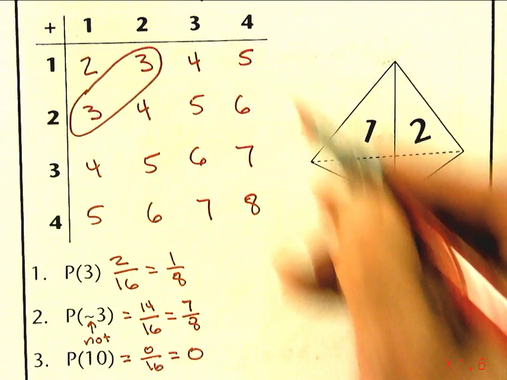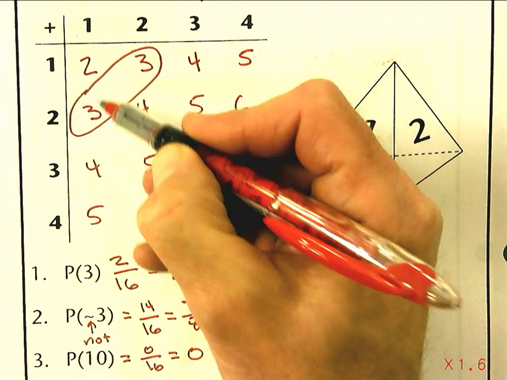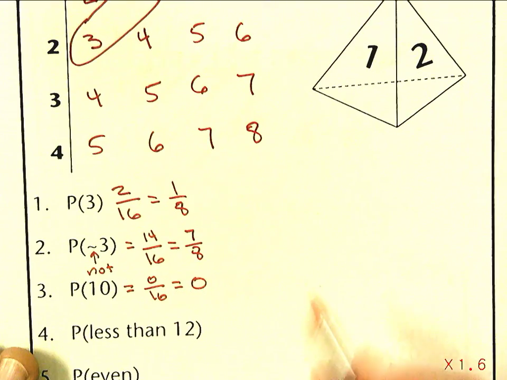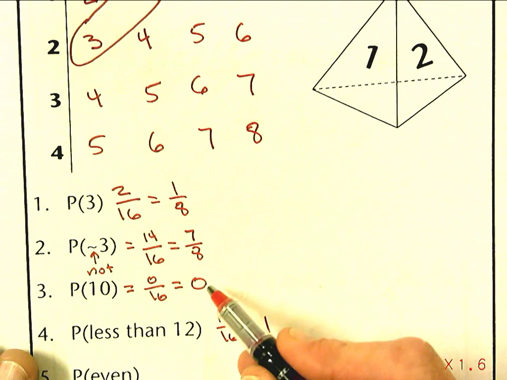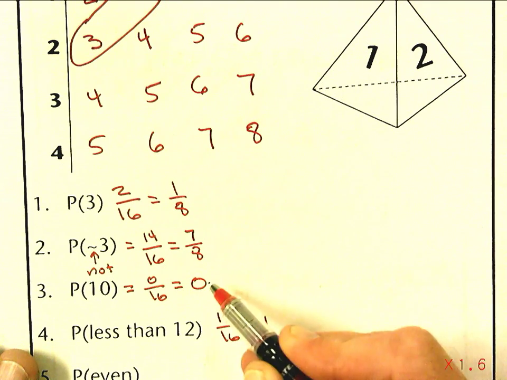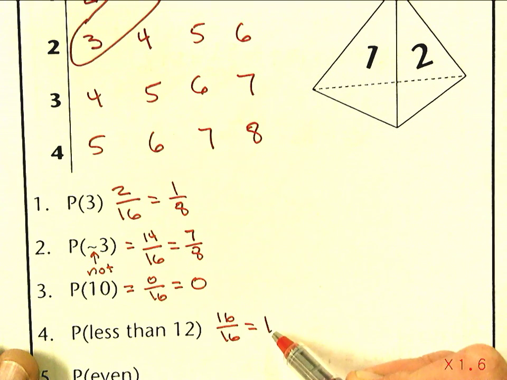Well, of course, all of them are less than 12. So that's another easy one: all of them, 16 out of 16, or we could just say 1. Probability, remember, is a number between 0 and 1. In this case is the 0, in this case is the 1. 100% chance. It's certain that you would get something less than 12.